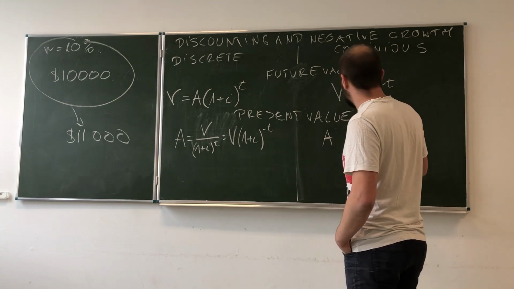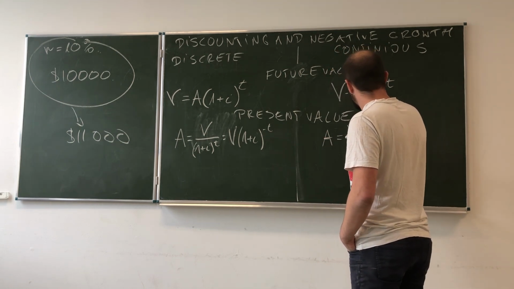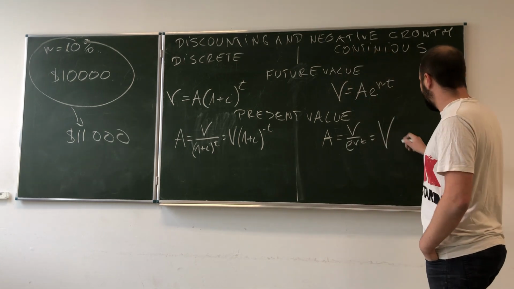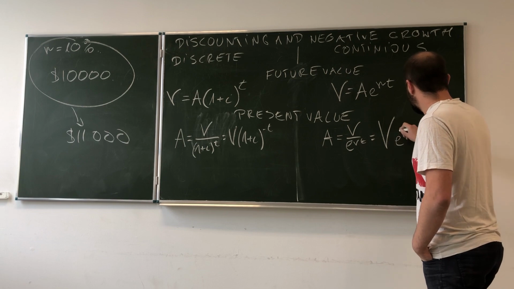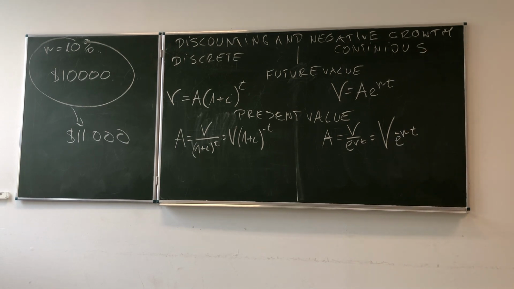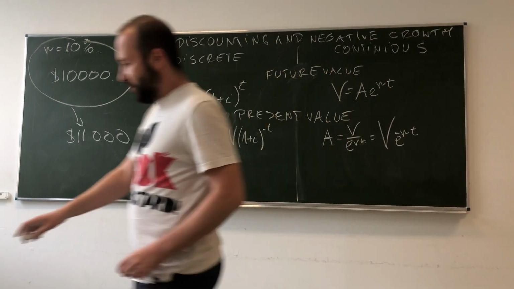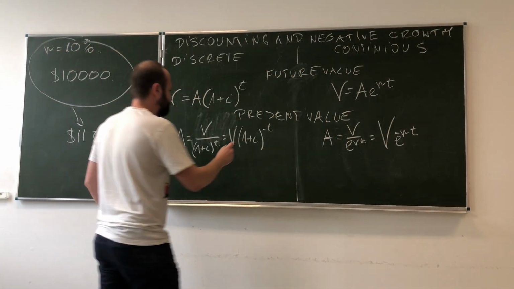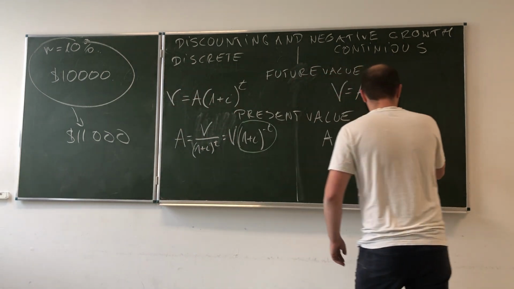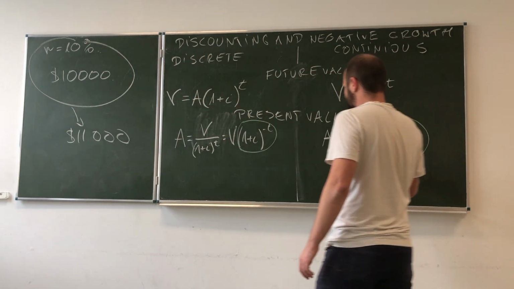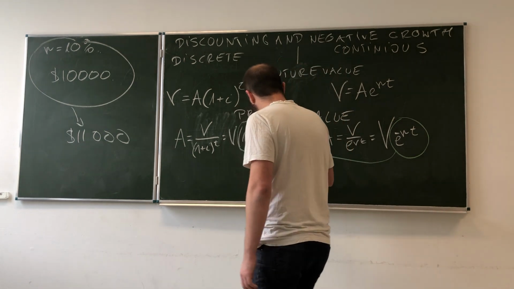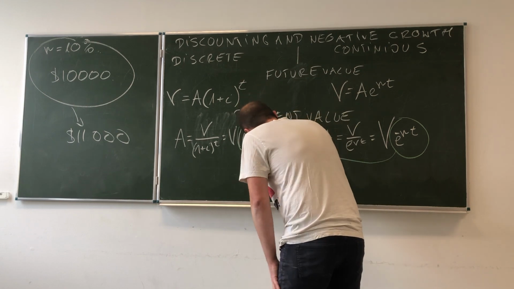A will be equal to V over e^(rT), or simply V times e^(-rT), with minus up front. Both of these expressions we will call discounting factors.